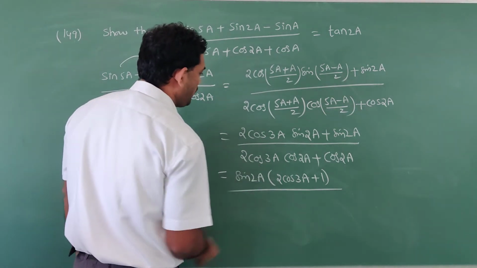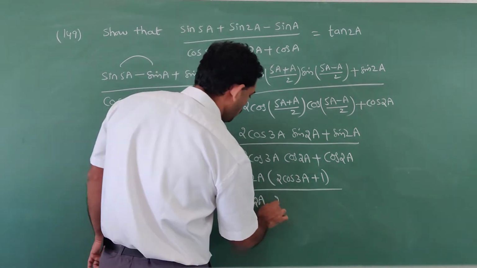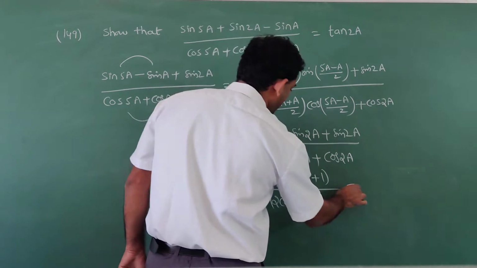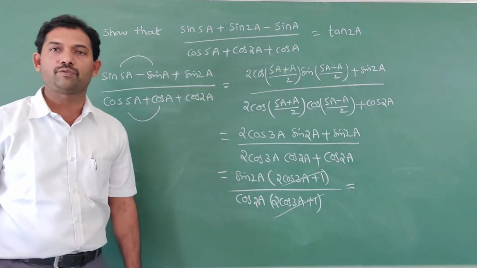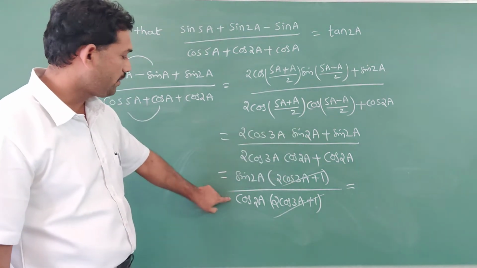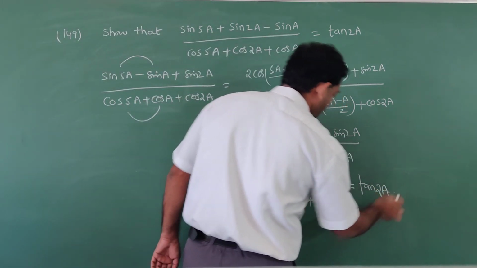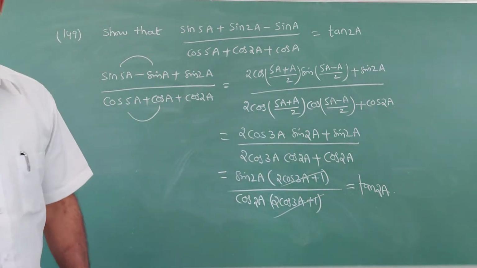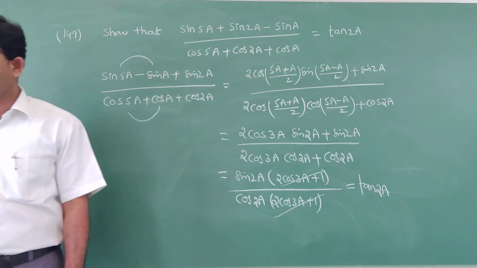In the denominator also cos 2a is common, remaining 2 cos 3a plus 1. These two are the same, so they cancel. Remaining sin by cos means tan 2a. That is your answer. Note it down fast.